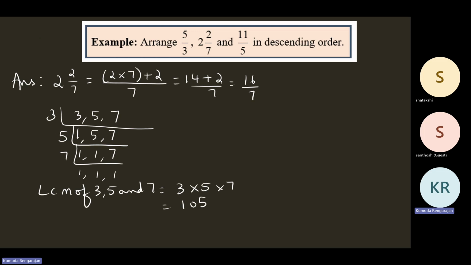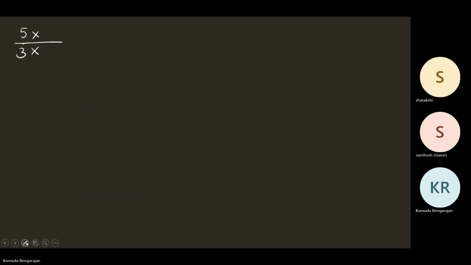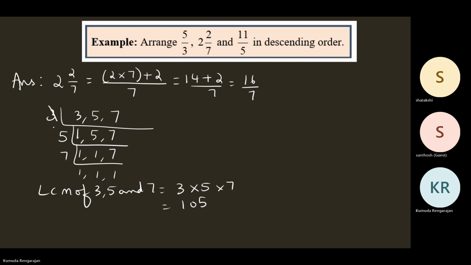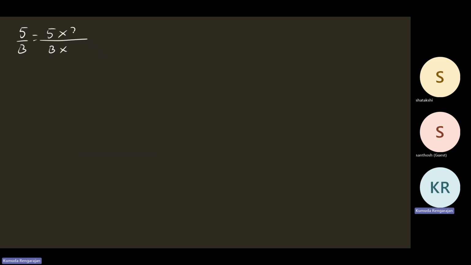So what are the remaining numbers? What is the product of the remaining numbers? 7 5s are 35. Leave this 3 here, because the denominator is 3. So multiply and divide by 35.